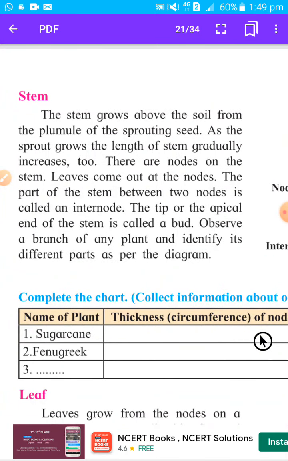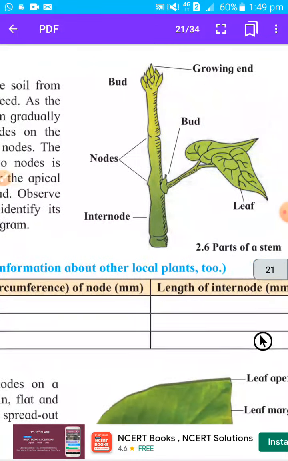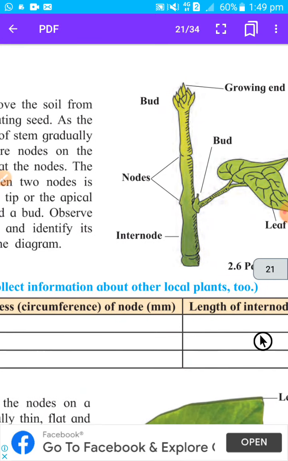Then observe a branch of any plant and identify its parts. You can take one branch and observe the node, internode and bud. Node means it is the part of the stem from which leaves grow. Internode means the part between two consecutive nodes.